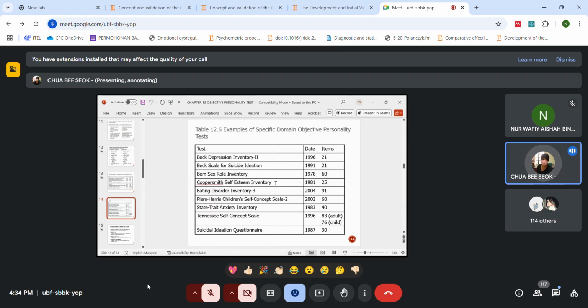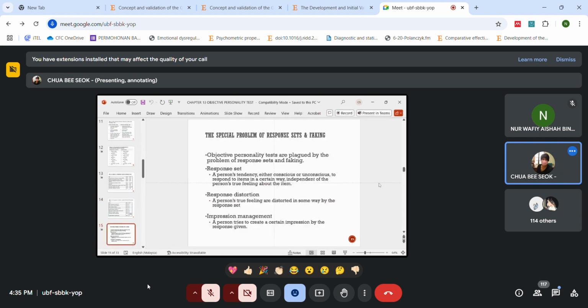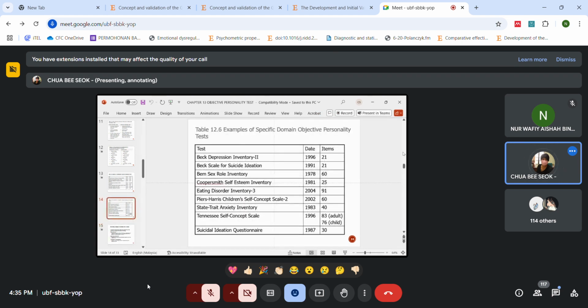If you can see, the Coopersmith Self-Esteem Inventory is also a very popular test, a very popular instrument. 25 items. Then besides, we also have the Eating Disorder Inventory, 91 items.